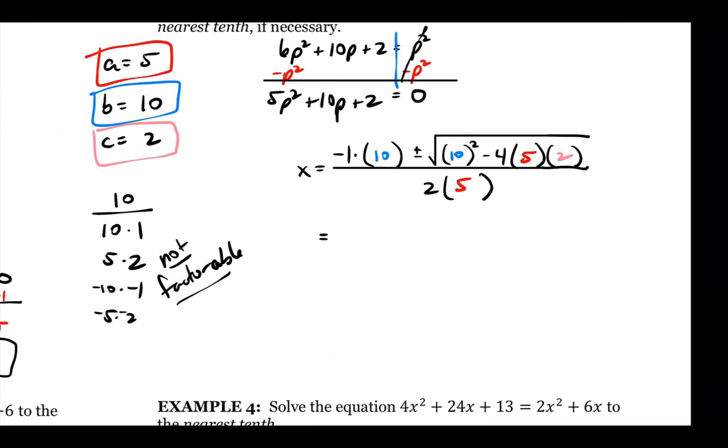So -1 times 10 is -10. Plus or minus. 10 times 10 is 100. Square root of 100 minus 4 times 5 is 20 times 2 is 40.